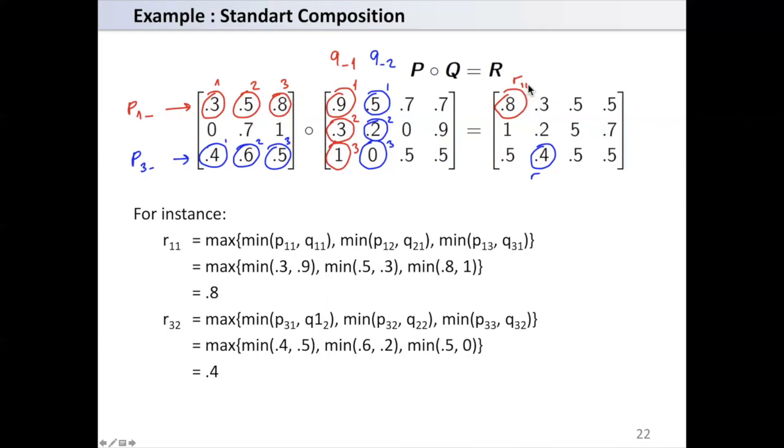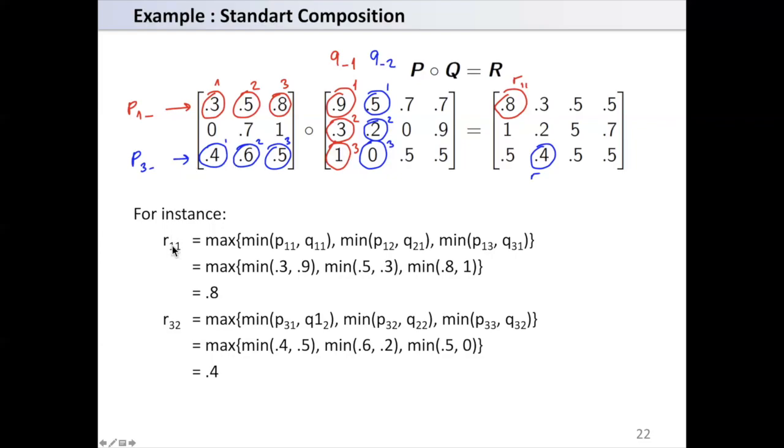We are considering the first row, first column, R11. So for this one, we are considering column 1 of Q, but we are changing the row. Here we are changing k from 1 to 3.